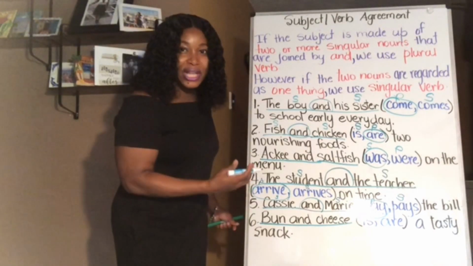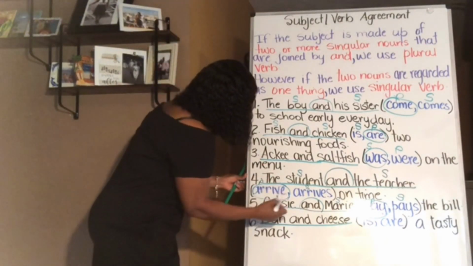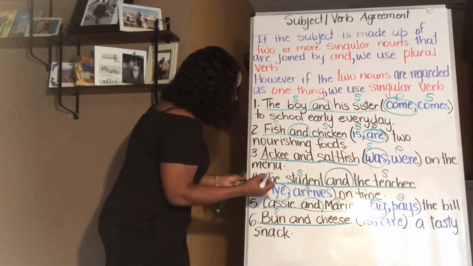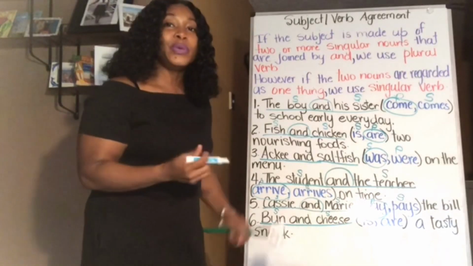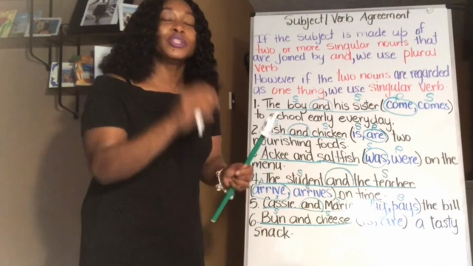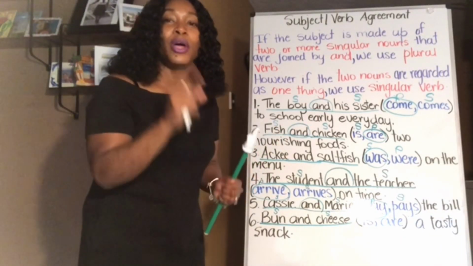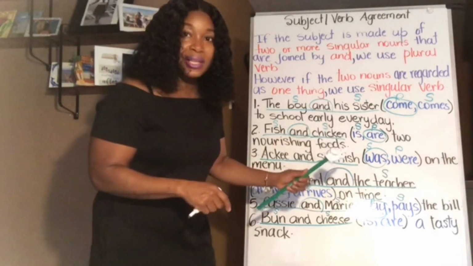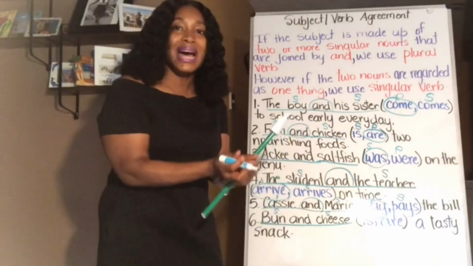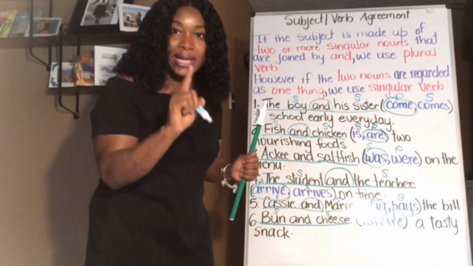It's a sandwich that you make. So, even though bun is one singular item, cheese is another singular item, when we put them together, it becomes one. They become one. So, just like ackee and saltfish being a meal, bun and cheese is a snack. It's regarded as one thing.